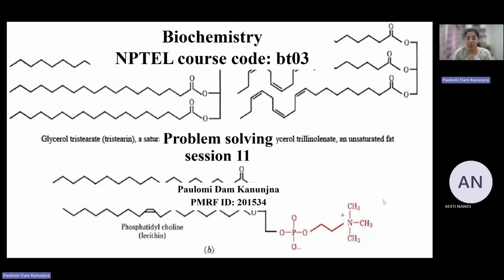Now coming to today's session, like last time we had discussed anabolism and catabolism of our biomolecules. Today also we will be discussing similar pathways. This time the biomolecule is fatty acids. So we'll first look at fatty acid catabolism, which is breaking, how fatty acids are broken down and how we get energy from them.